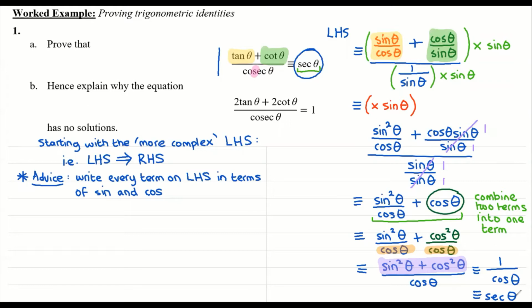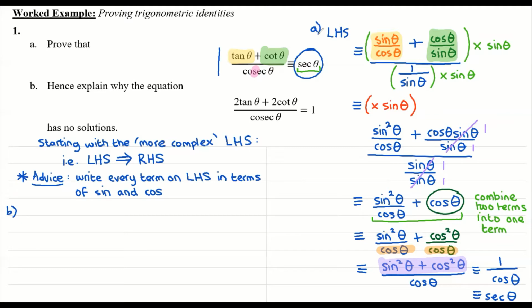Now, that's part A. So we've got a little bit more to do here. So again, I've not labeled the questions very well, so we'll do part B down here. This was part A up here. We have to explain why the equation given to us here has no solutions. Well, common sense tells us that we're going to use the previous result.